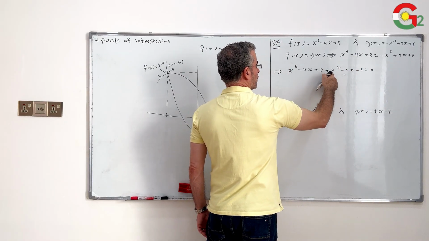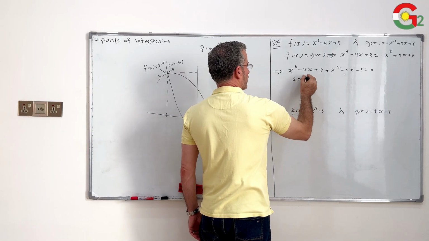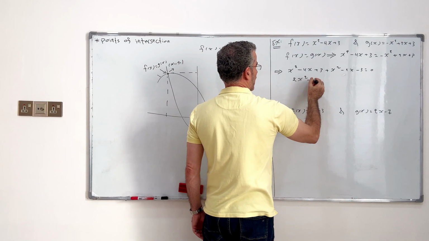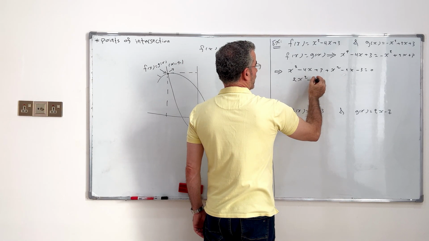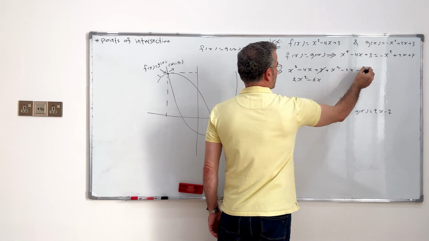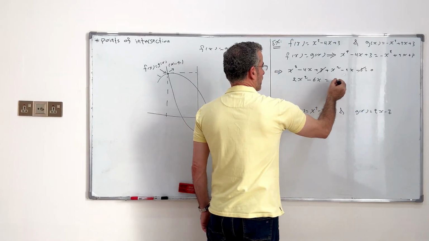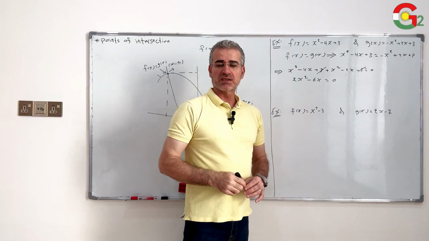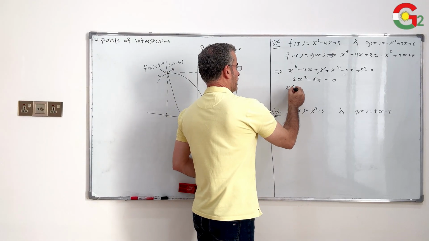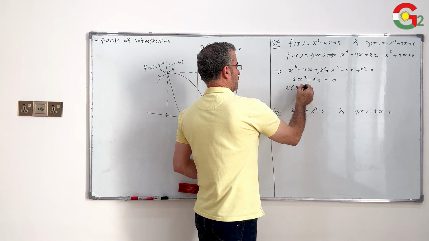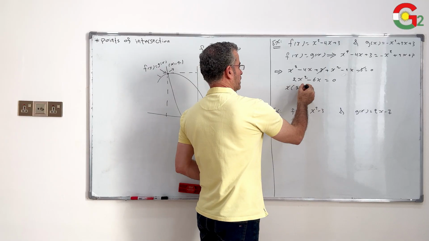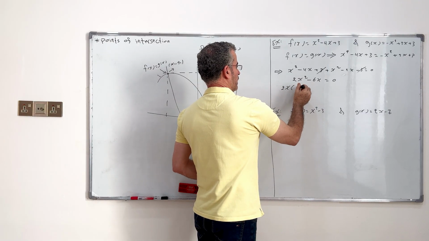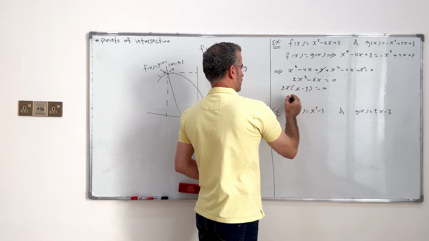X power 2 plus x power 2 is 2x power 2, minus 4x minus 2x is minus 6x, negative 3 with positive 3 cancels, then it will be 2x power 2 minus 6x equals 0. Factor by 2x, then it will be x minus 3 equals 0.